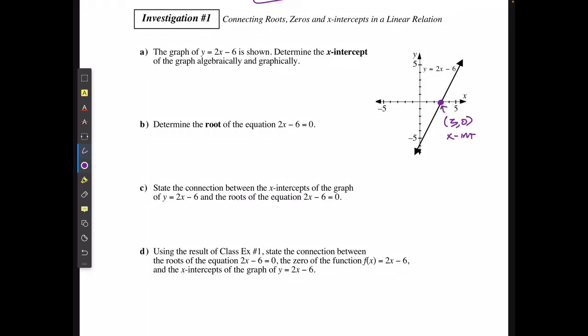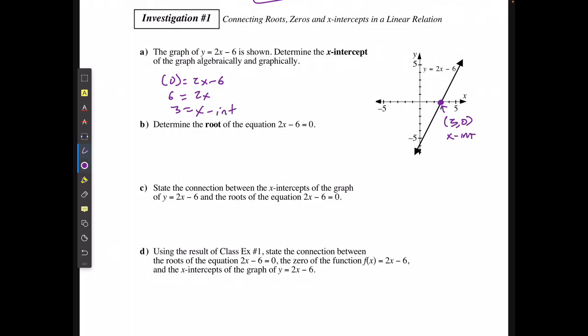If I'm doing it algebraically, I know that the x-intercept is going to occur when y is equal to 0. So I'm going to replace y with 0 and solve for x. Add 6 to both sides, divide by 2, and I get the same value. In both cases, x is equal to 3.